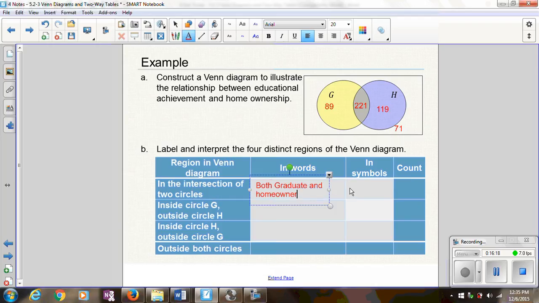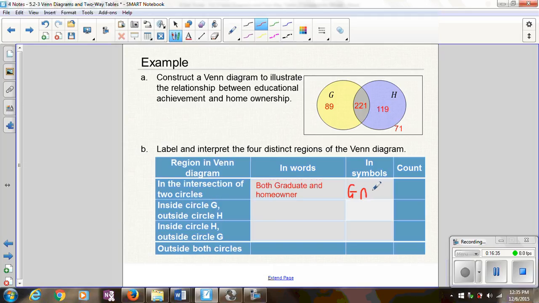And then in symbols, actually, let me do it with a pen. That would be G, and since it's an intersection, I want to use that upside down U and H. Sorry, this is so hard to write. And I know that the count is going to be 221. There we go. All right.